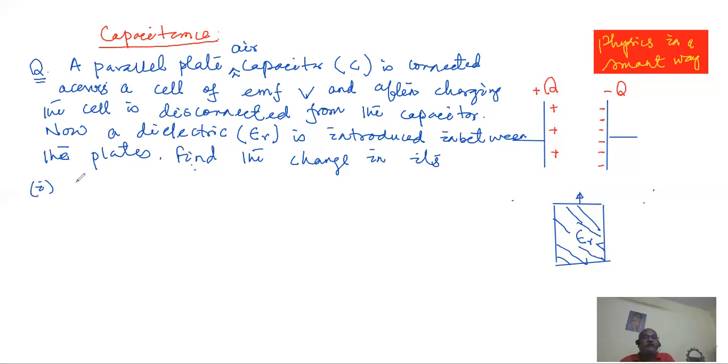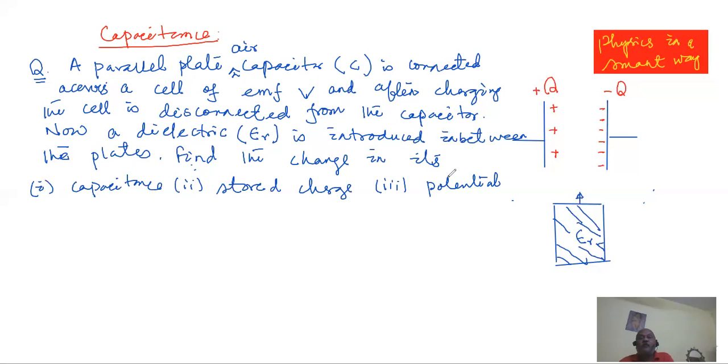In its capacitance, stored charge, the charge that gets stored on the plates, third, potential difference across the plates.